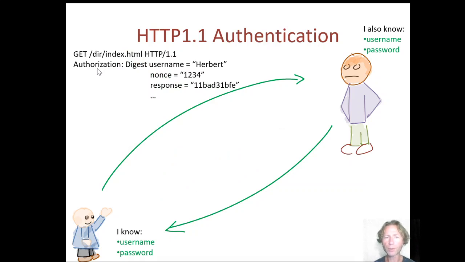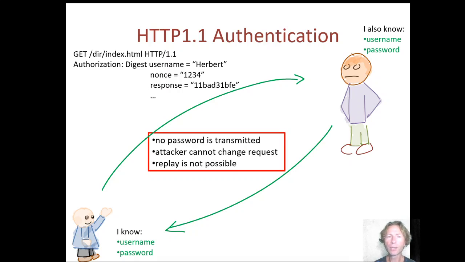So you're creating a new request on your second attempt, which still contains the method and the document, etc., and this authorization header, with the username being Herbert, the nonce being 1234, and the response being this hash that we just created. Okay.